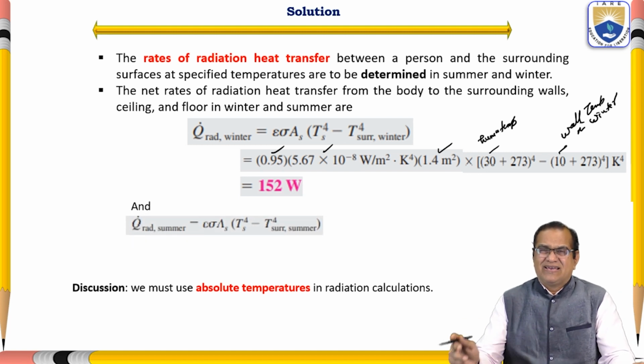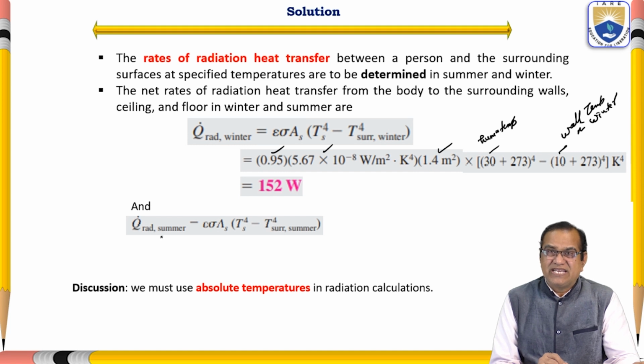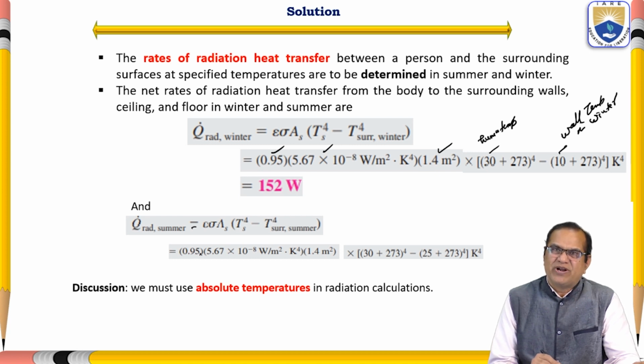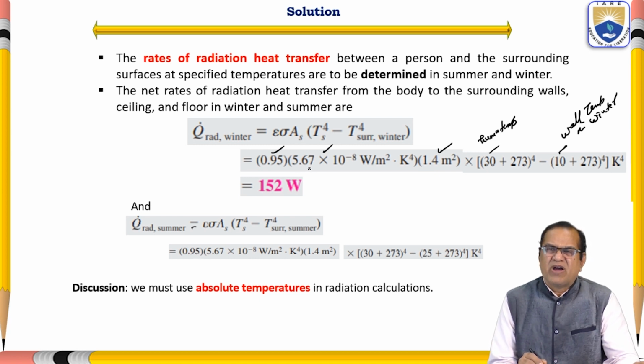Now we will see for the summer. Q dot radiation for the summer is equal to epsilon sigma As (Ts to the power 4 minus T surrounding to the power 4) in summer. Here epsilon is the same, 0.95. Sigma is also the same, 5.67 into 10 to the power minus 8 watt per meter square K to the power 4. 1.5 meter square is the area. Human temperature is 30 plus 273 to the power 4 minus the surrounding wall temperature in summer.